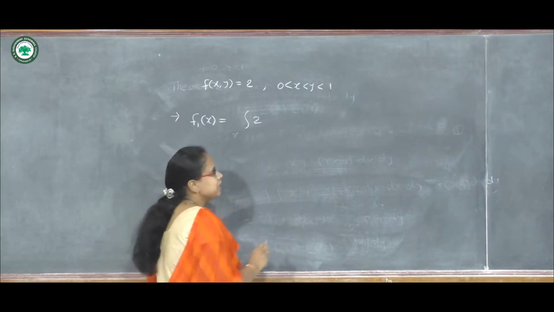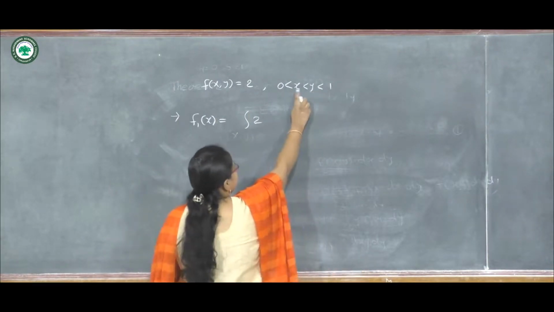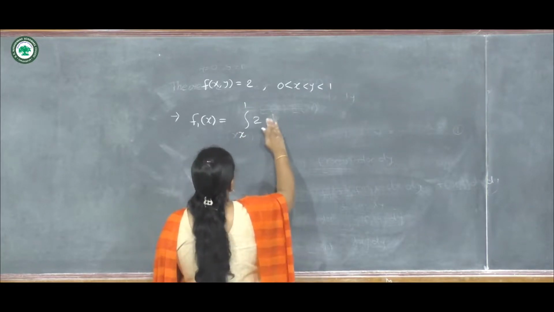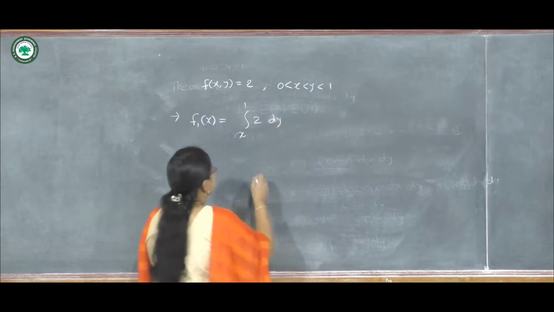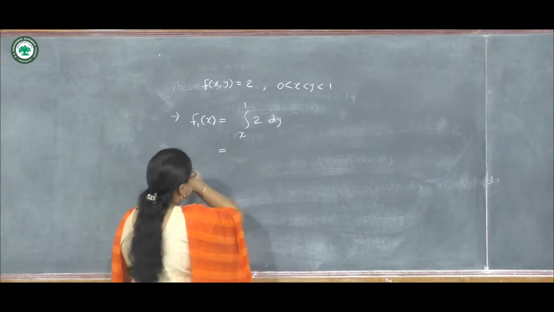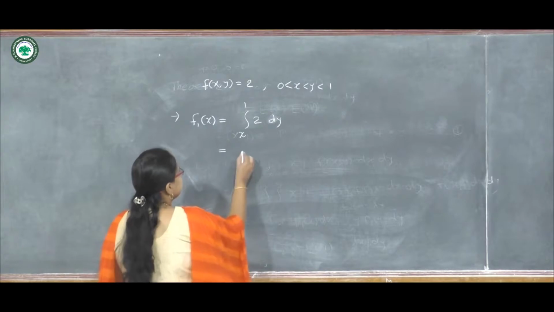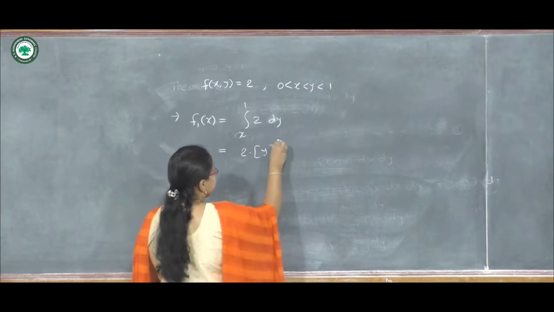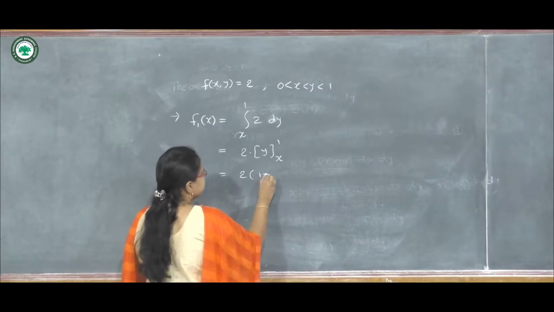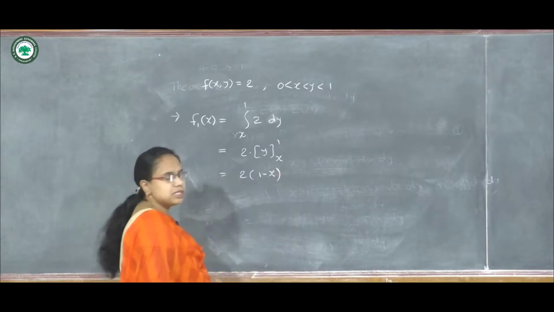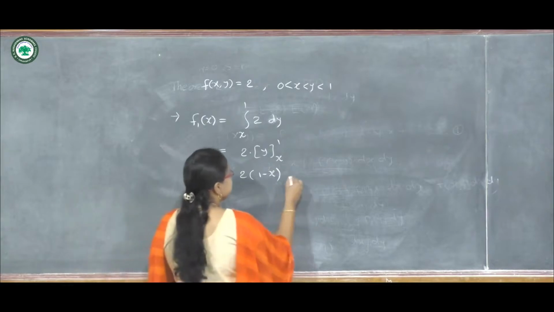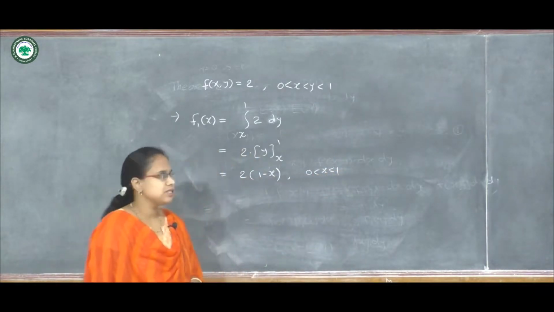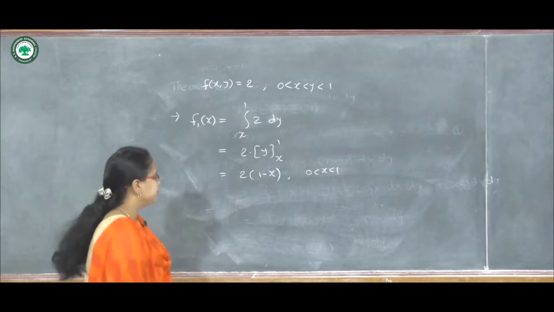Here the range of y, we can see, is from x to 1. So this is 2 times (1 - x). So this is the marginal distribution of x. Here I have to write the range of x, that is the overall range, which is from 0 to 1.